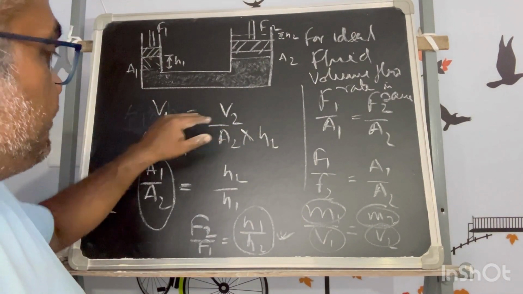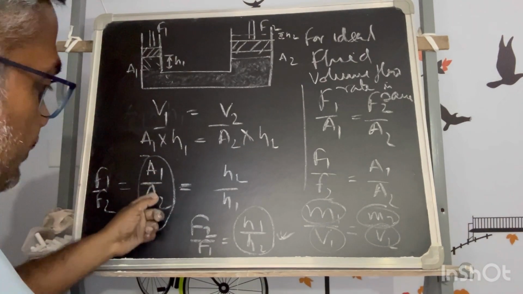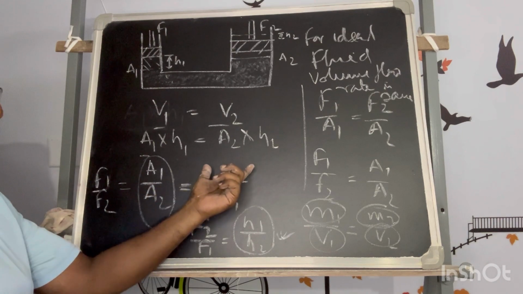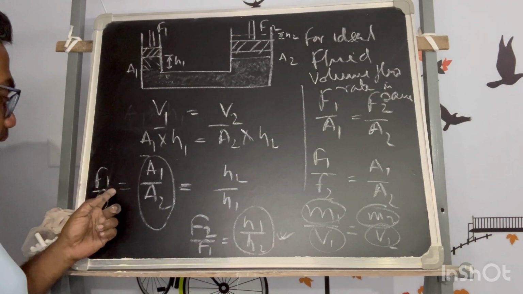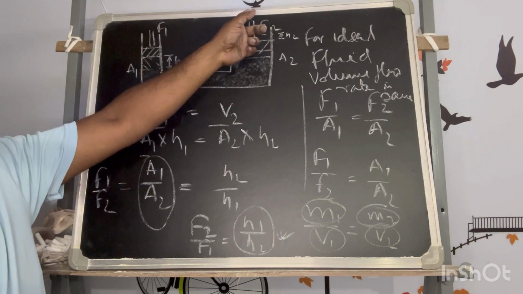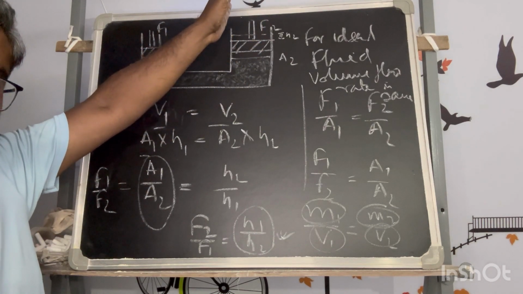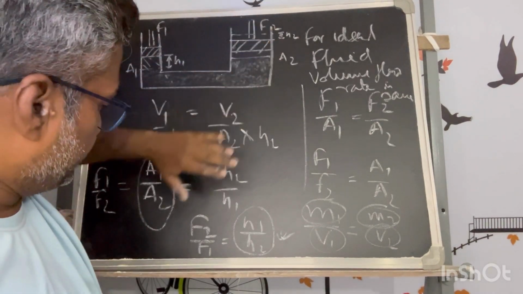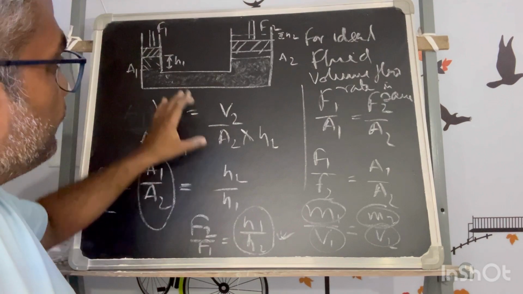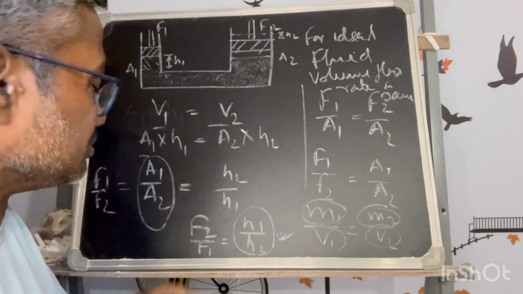So the volume is the same, so cross section into height is the same. From there we can establish the ratio of area in respect of height, and the force given and the force created or load borne, the ratio I can get with the displacement of the piston or displacement of the fluid column. Understood?